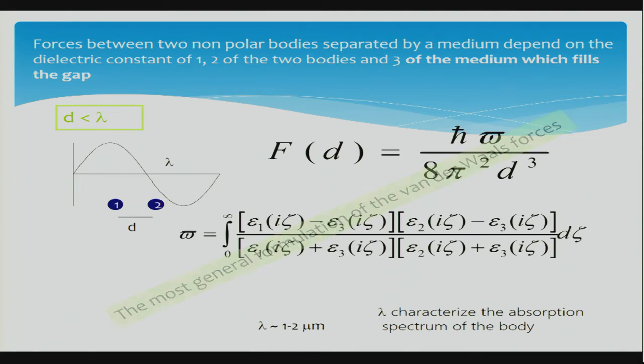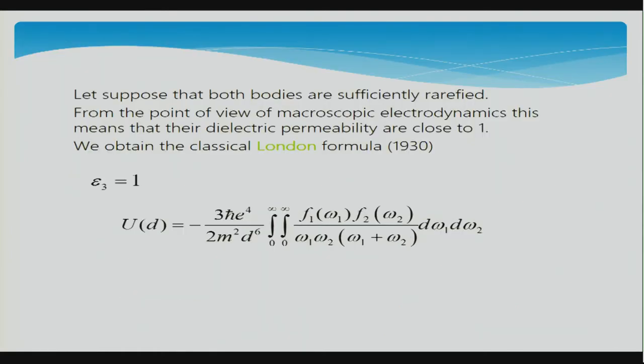We are not used to this formula, which is the most general formula of van der Waals. We are used to this formula, which is the classical London formula. It is exactly the same, but in this case we have made a simplification because we assume that the two particles are interacting in vacuum. In this case, vacuum, this approximation allows us to simplify the formula.